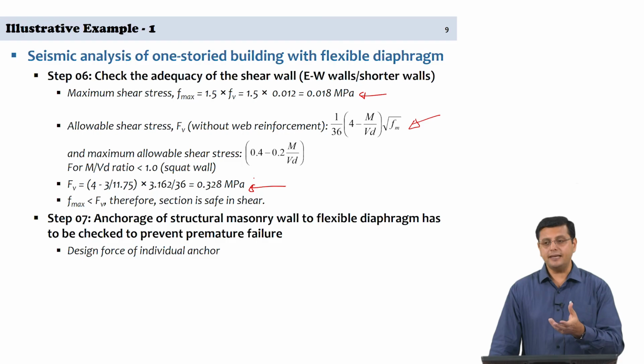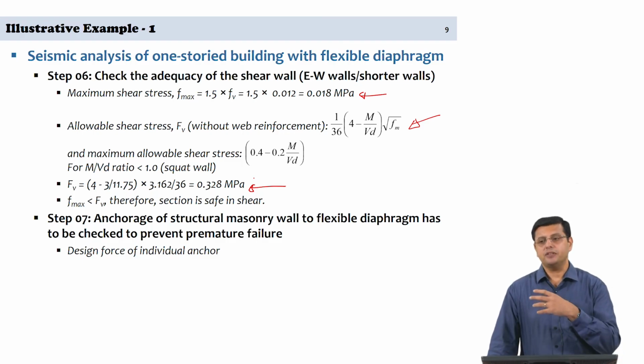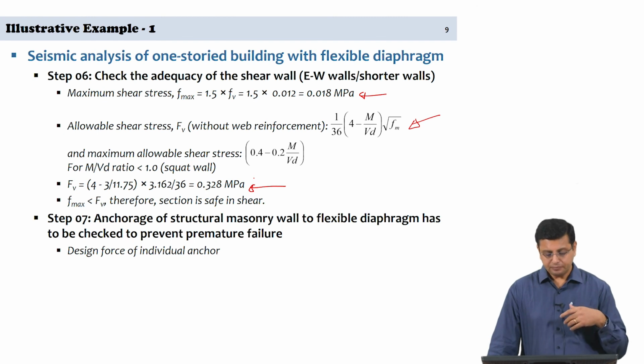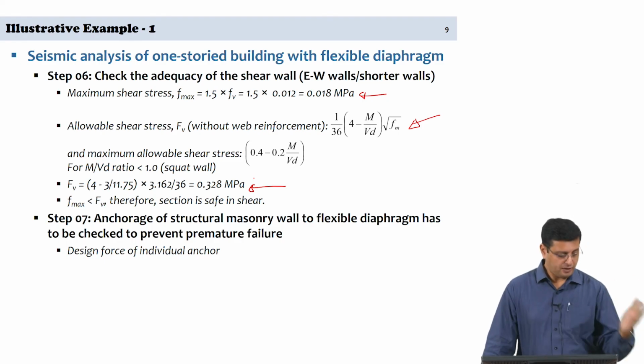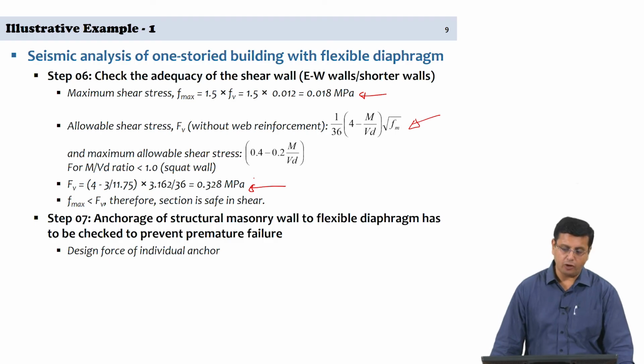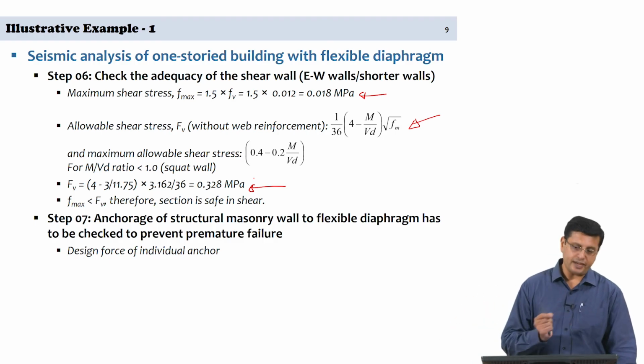We need to design them such that they perform adequately under the expected chord tension and chord compression, and finally, what is the total shear force that the in-plane walls have to be designed for, and you must also go and check the connections, that you have adequate anchorage, and those individual anchors, which is the anchoring of the diaphragm to the walls, also have to be checked.